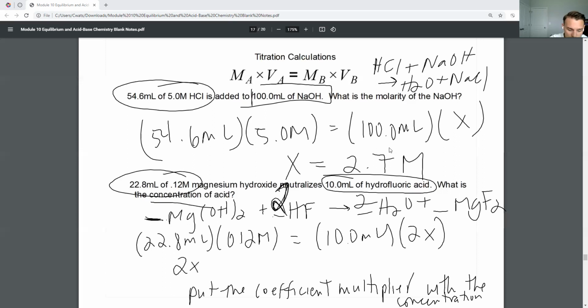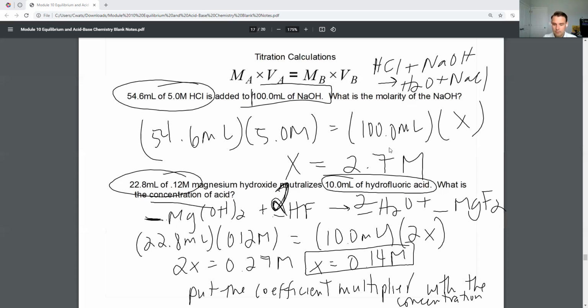When you solve, 2x is 0.27 molar, so x will be 0.14 molar. That will be the concentration of the hydrofluoric acid. That's it. The only thing about titration calculations that you want to pay attention to is whether you have a multiplier or not.